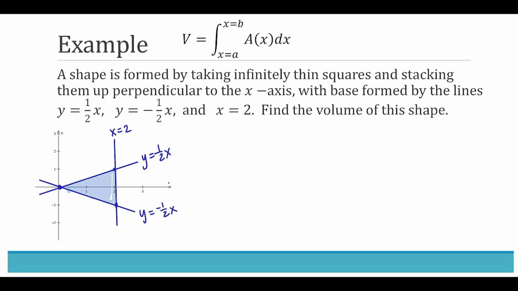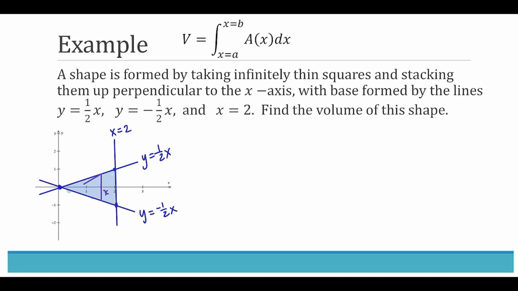So this is going to be the base of my solid, and I'm told that the cross-sections are going to be squares that are perpendicular to the x-axis. I'm going to construct one of these squares at this generic location x. Remember, this square is coming out at us, so it's going to make a three-dimensional object here.